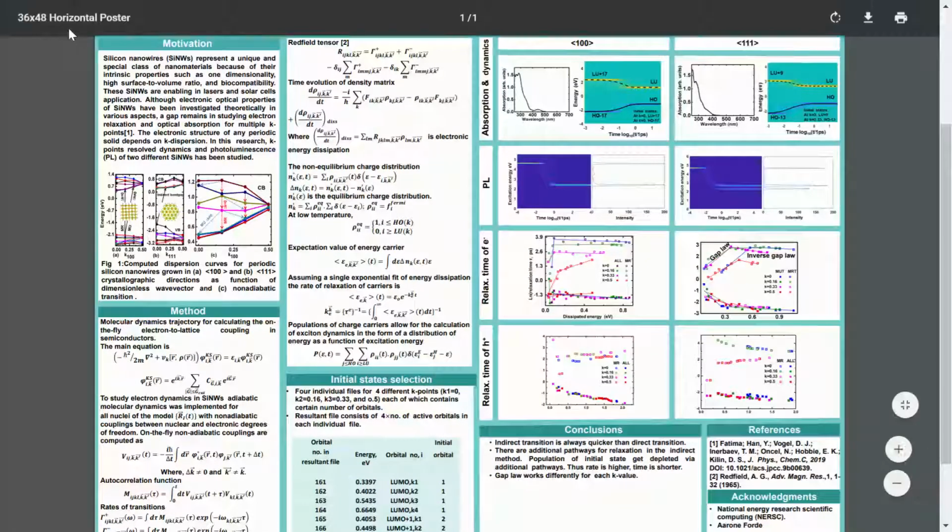Oh, your laser. Okay. So this term is the energy dissipation term. This one.